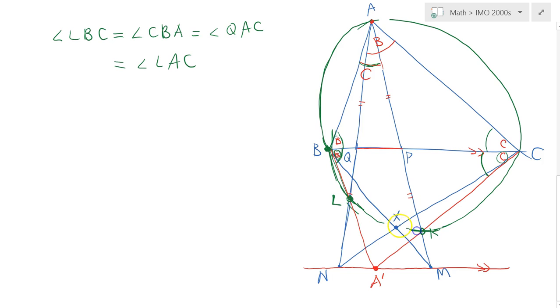So all that remains is to show that X is also on that circle. But now I can easily apply Pascal's theorem.